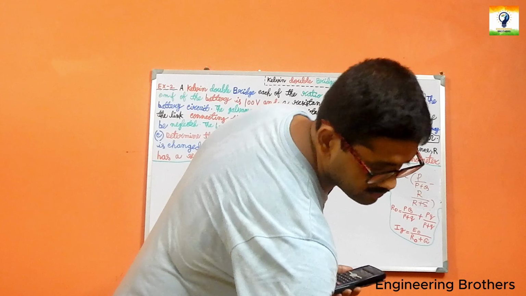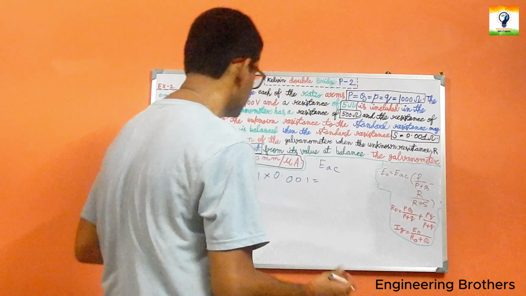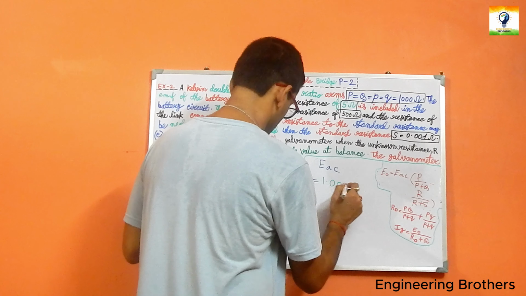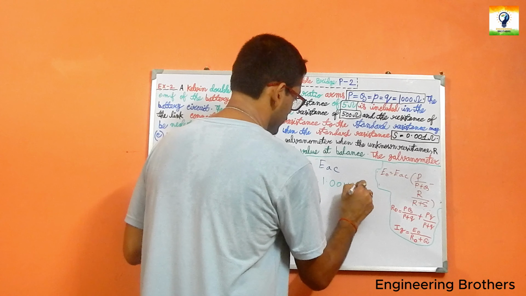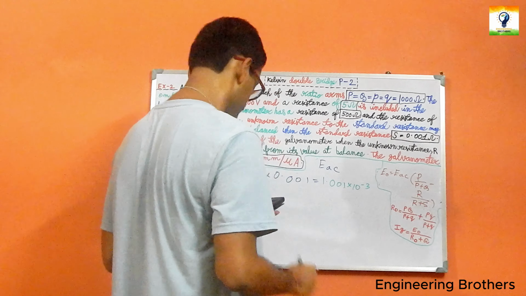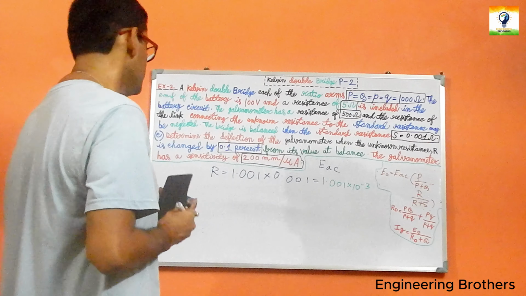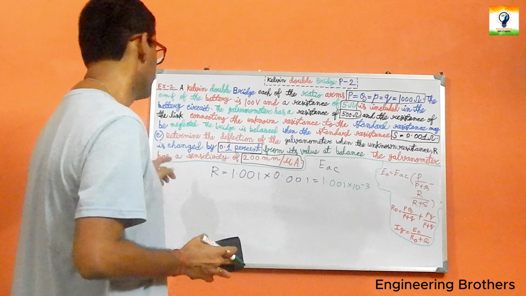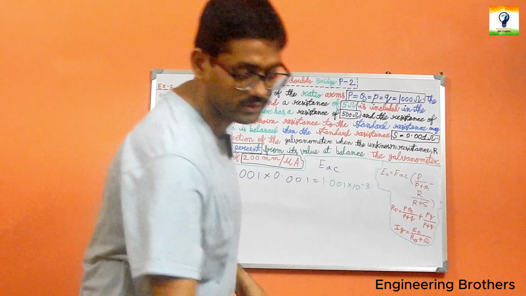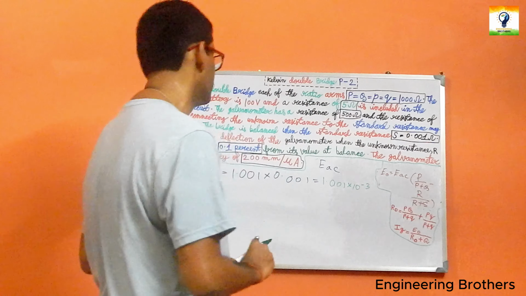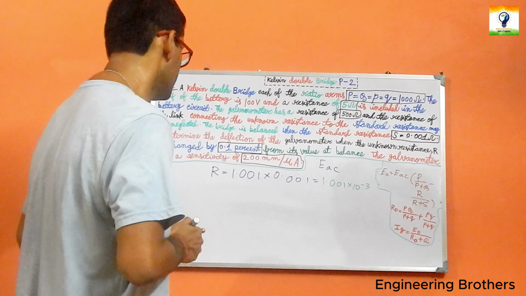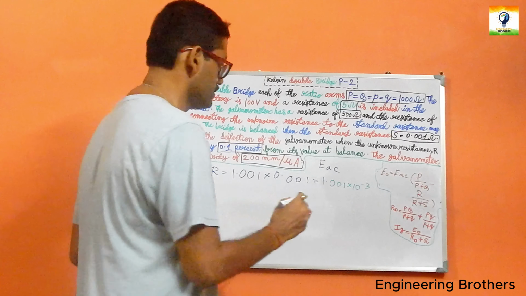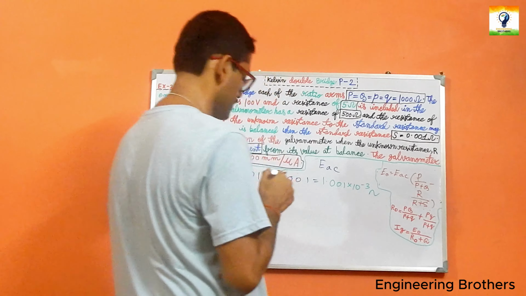I'm writing over here, the value is 1.001 multiplied with 10 power minus 3. Okay, so this is our changed value for our R value over here, as we have changed the value just by 0.1%, and because of that consideration, the changed value for our R is this one. And the unit for this is ohm.